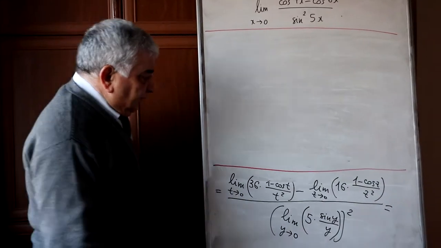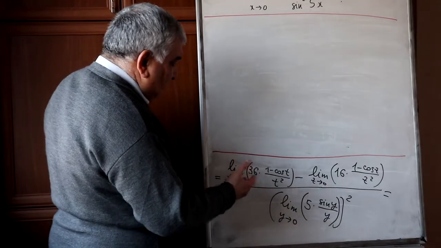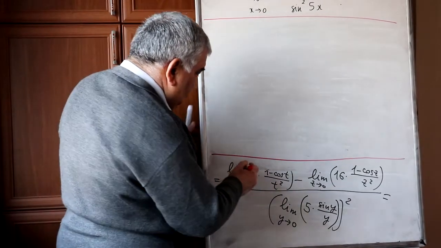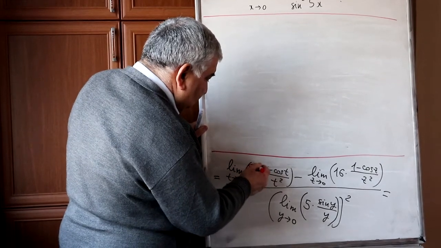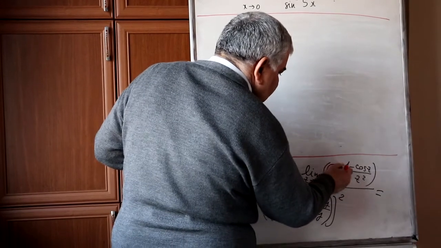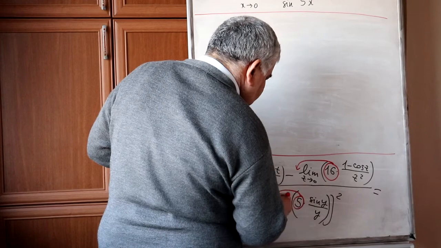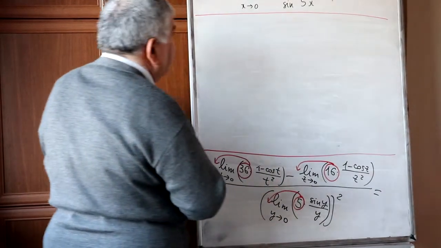Further, we can take the constant factors out of the limit symbol. We can take 36 out of the limit symbol, take 16 out of the limit symbol, and 5 out of the limit symbol. Continue.